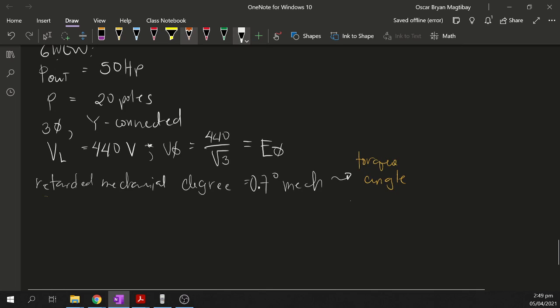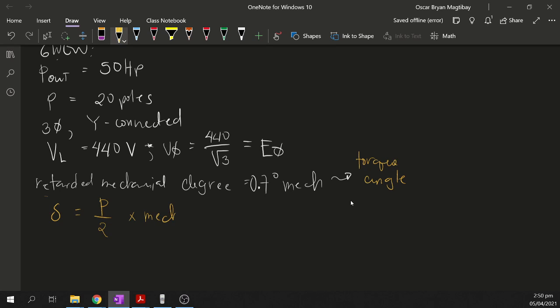To solve for the torque angle sigma, lagay na natin, sigma is equal to P over 2 times the mechanical degree. Ito yung diniscuss natin last time sa alternators natin to get the electrical degree.